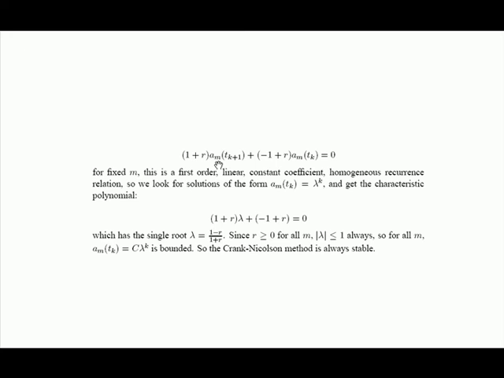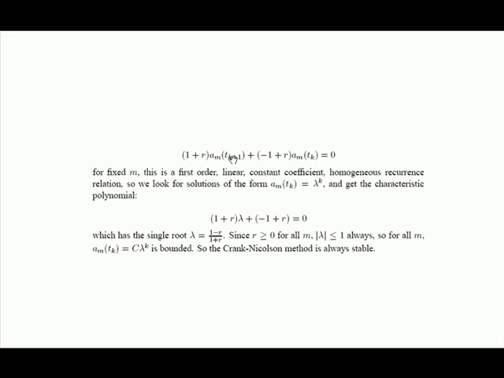Well, we end up now with a first-order linear constant coefficient homogeneous recurrence relation. The r's depend on m, the coefficients depend on m, but for each fixed m, we're just looking at one at a time. What happens to a_m as time increases, as k increases? That's what we want to know. What happens to these coefficients in the Fourier series expansion for fixed m?